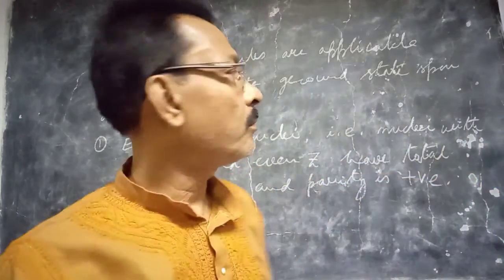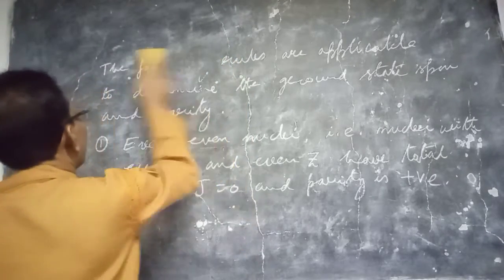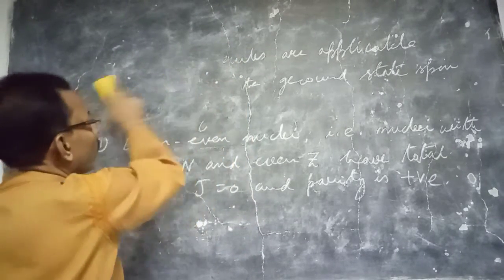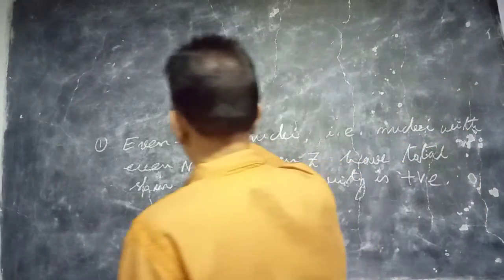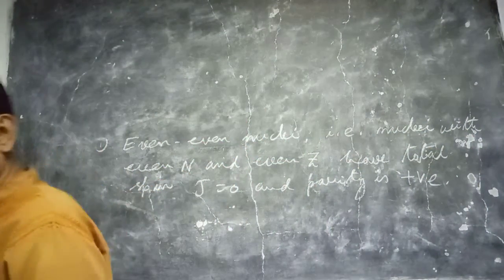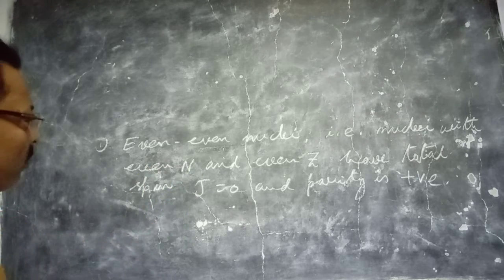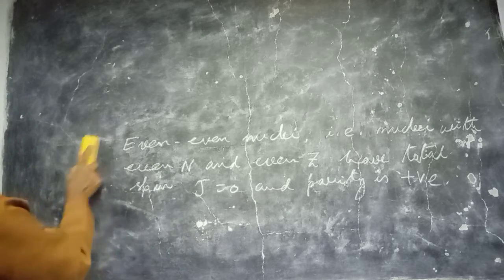Now next is odd nuclei. That is, either Z is odd or N is odd.